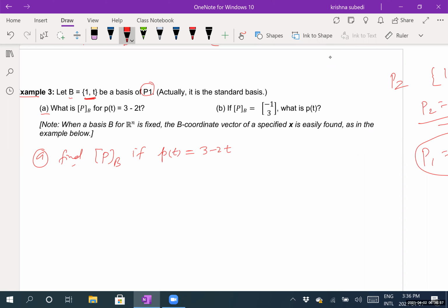Now, there are a couple of ways to do this. I think the easiest one in the case of polynomial will be this one. Remember what we said earlier is that X can be written as C1b1 plus C2b2.